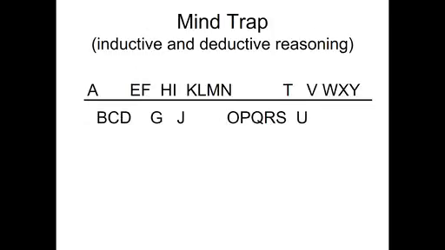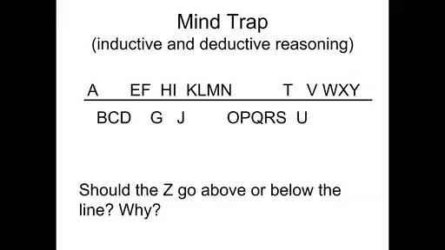Let's go back to that mind trap. Should the Z go above or below? We tried it inductively. What about trying it deductively? Are there any facts we can observe about this puzzle? And maybe you came up with that. If you'll notice that all the letters on the top have only straight line segments as part of them, whereas all the letters on the bottom have some curves in them somewhere.